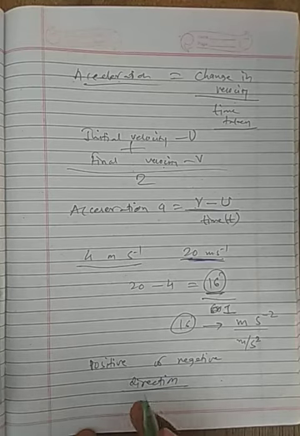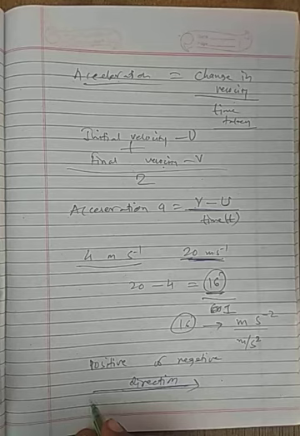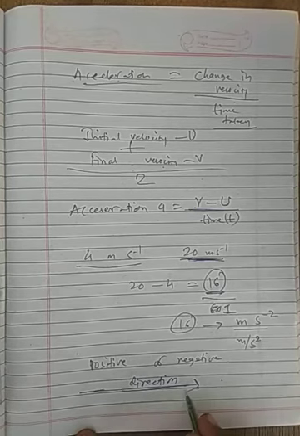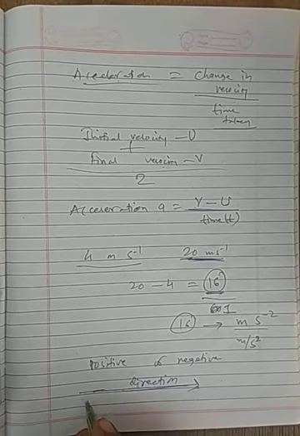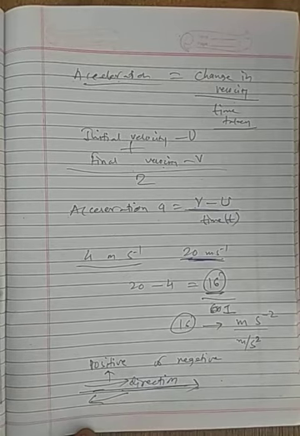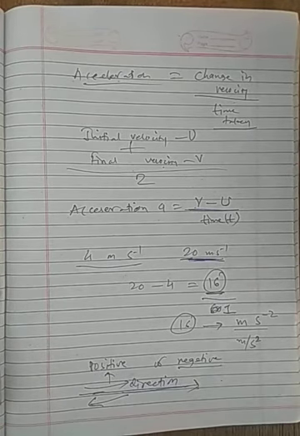So if acceleration is in the direction of velocity, if you are driving a car in this direction, so the direction of velocity is this, and if acceleration is in this direction, it will be positive, but if it is in the opposite direction of the velocity, the acceleration will be negative.